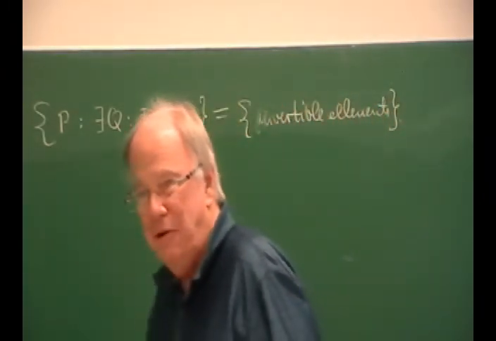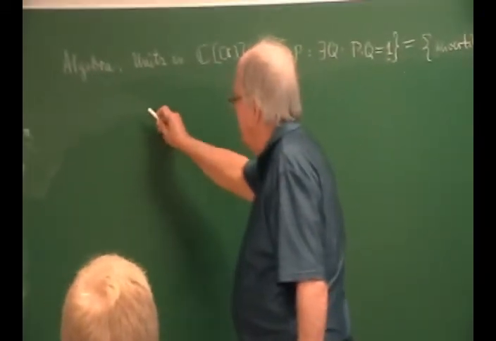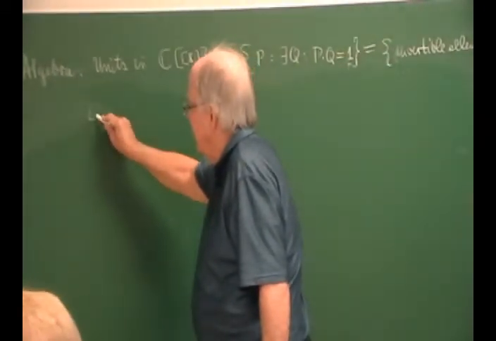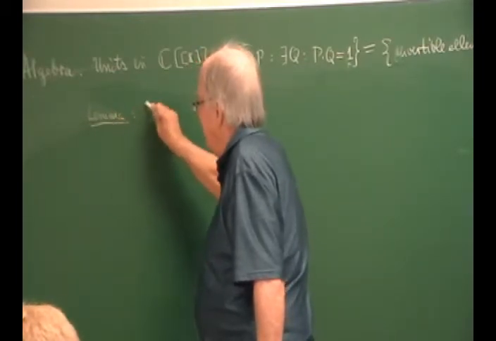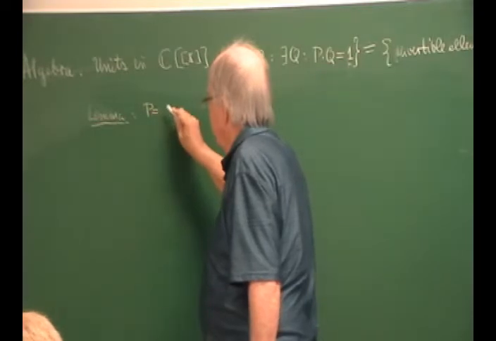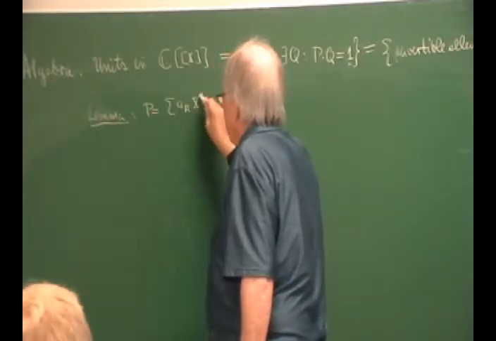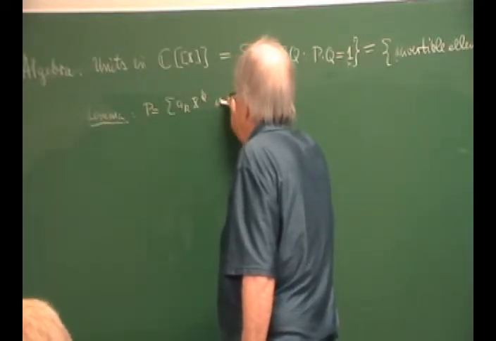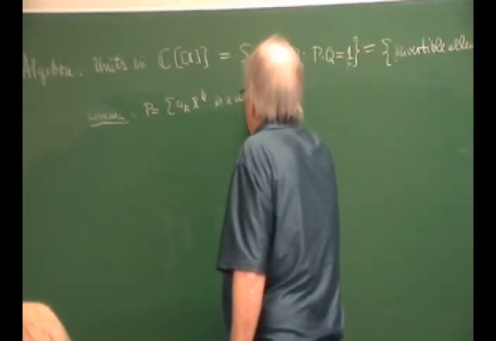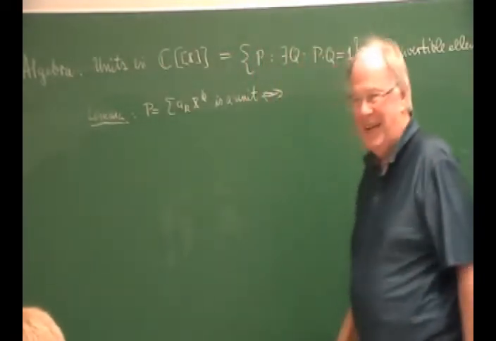Do you know how to invert an element in the formal power series? I suggest a lemma. A formal power series, the sum of a k x to the k, is a unit if and only if... any suggestions?